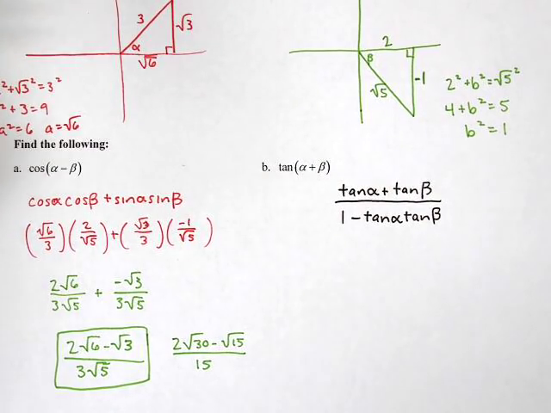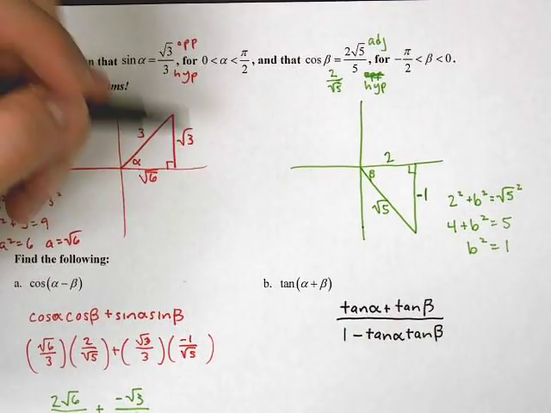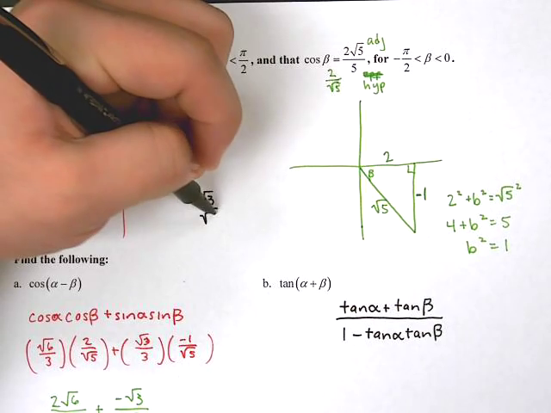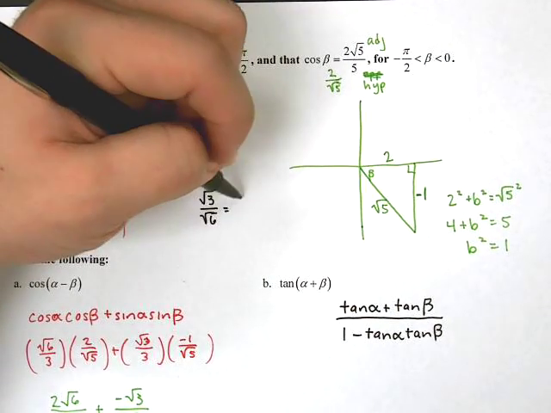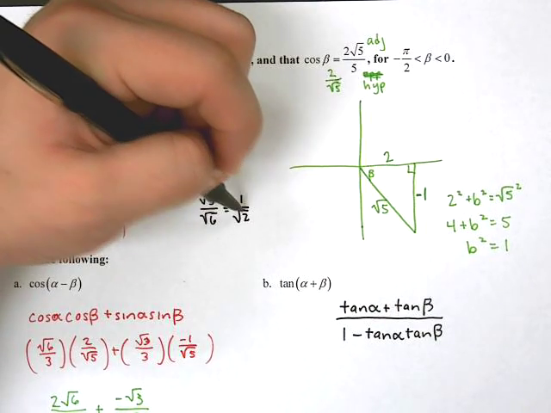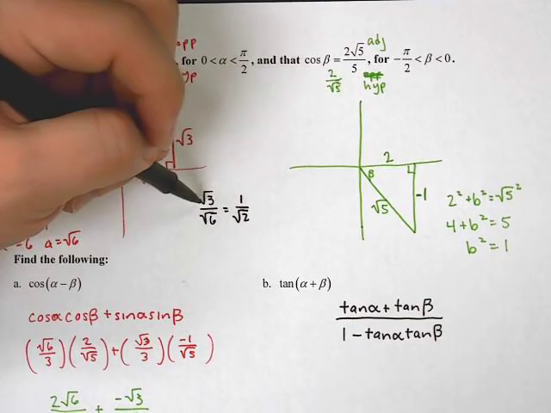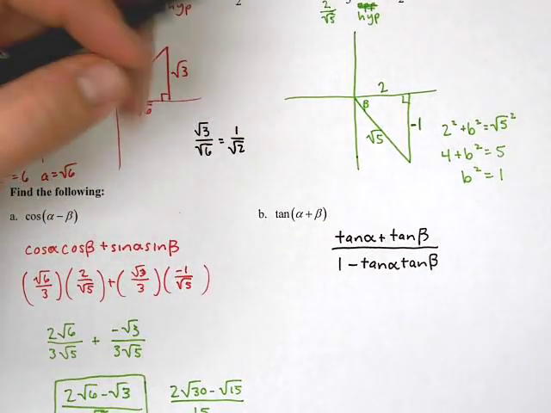So, when we look at the tangent of alpha, we want to use opposite over adjacent. When we look at this in our picture, opposite over adjacent, or square root 3 over square root 6, well, this reduces, guys. This reduces to 1 over square root 2. I think that would be better to use than square root 3 over square root 6, so I'm going to plug that in for my tan alpha.